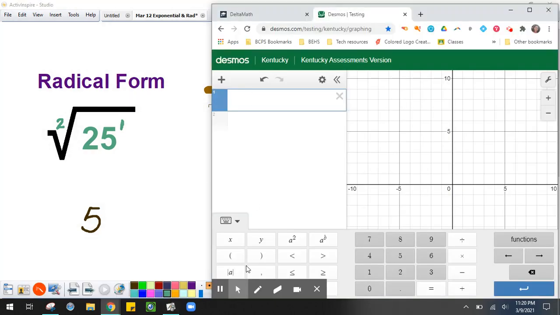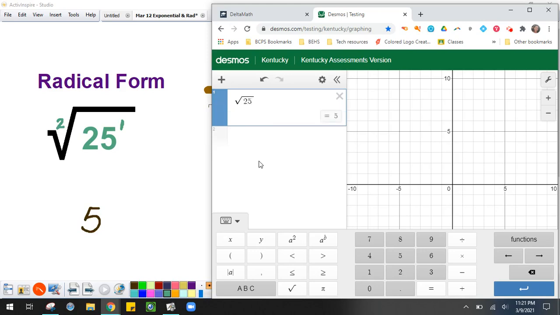So here is our Desmos calculator. I've already got the keyboard open. I'm going to choose the square root symbol, and I'm going to type my 25 in there. We already knew the answer to that was 5. But now I'm going to write it in exponent form, so 25, and I will choose a to the b.